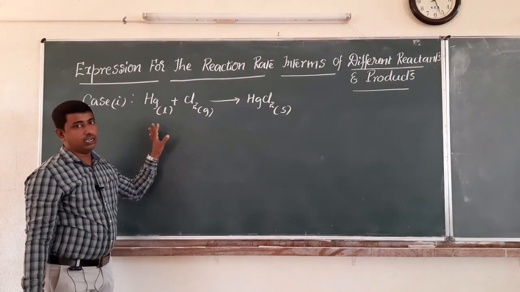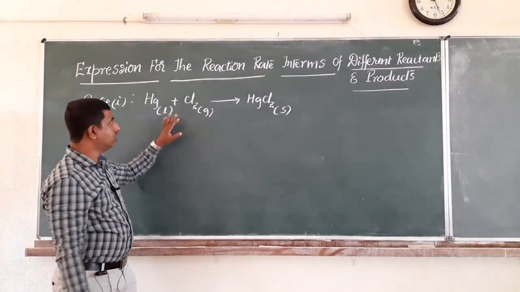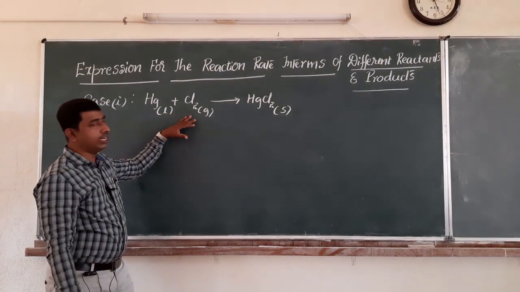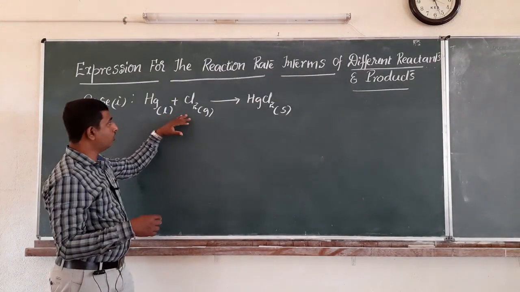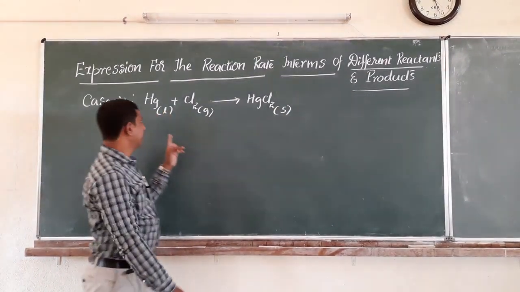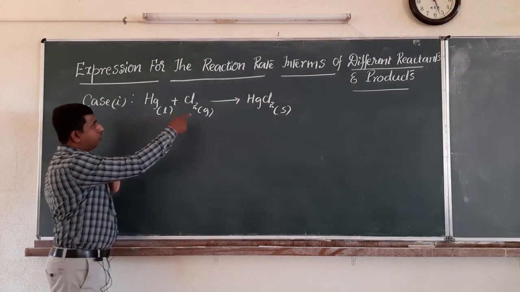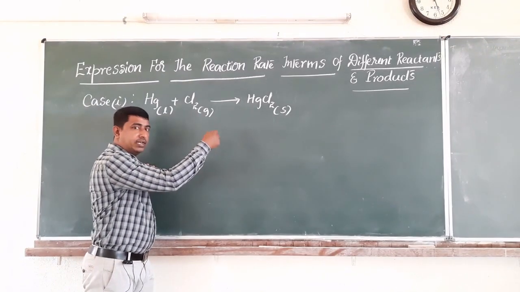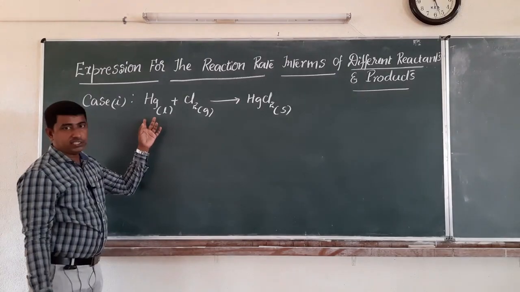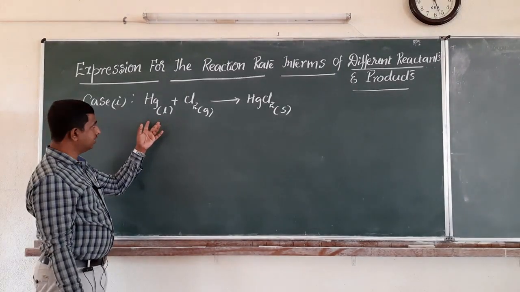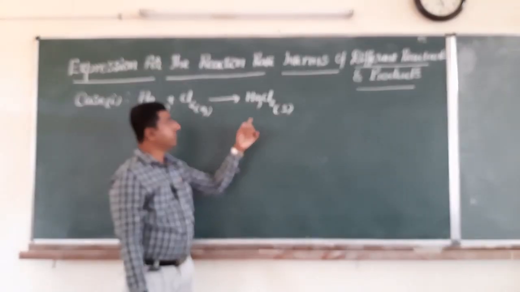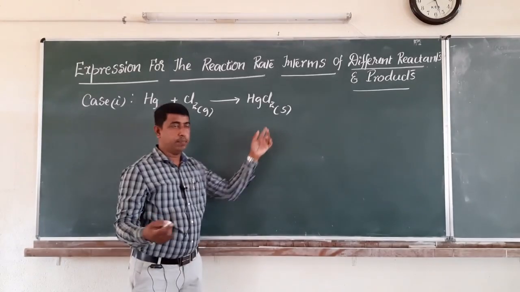Now let us see how to write the rate expression for this type of reaction. This type means reactions containing the same stoichiometric coefficients for both reactants as well as products. Now, since the stoichiometric coefficients of the reactants and products are the same, that means the rate at which the reactant, that is Hg or Cl2, disappears, at the same rate HgCl2 will appear.